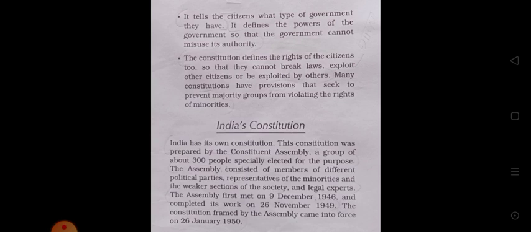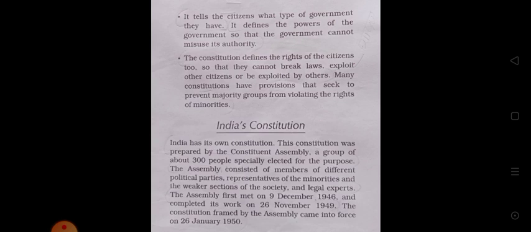We have our own constitution, and it was prepared by the Constituent Assembly, in which more than 300 people were specially elected.